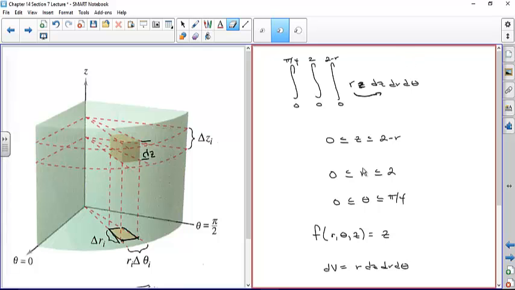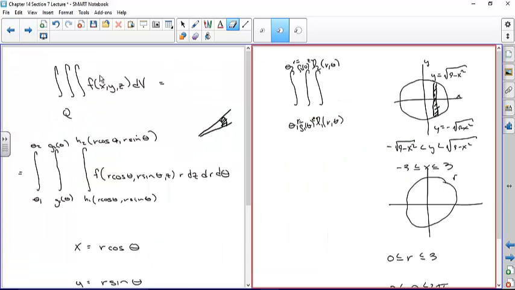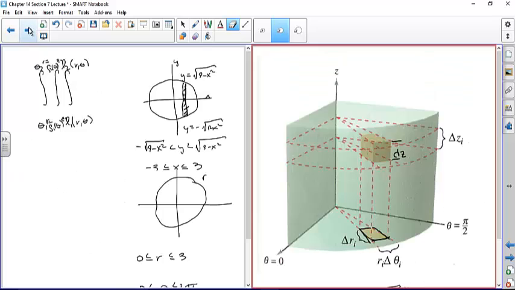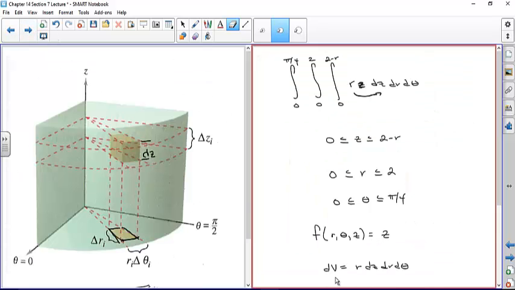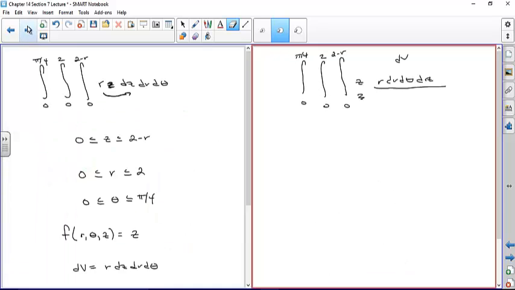So if we go back to the original form here, in this case, the function of x, y, and z is just z. The differential element is r dz dr d theta. And I think what we do is we just go through the process.